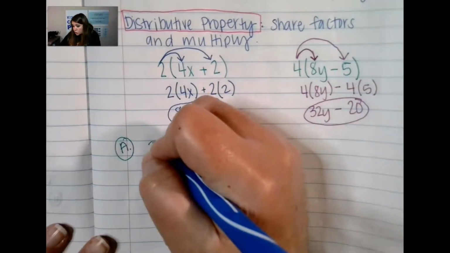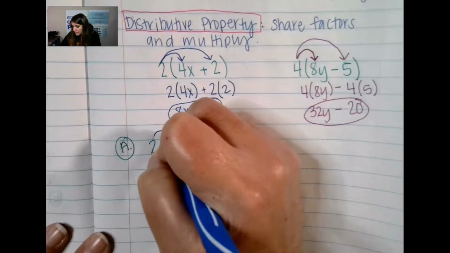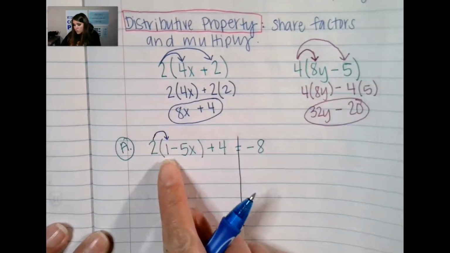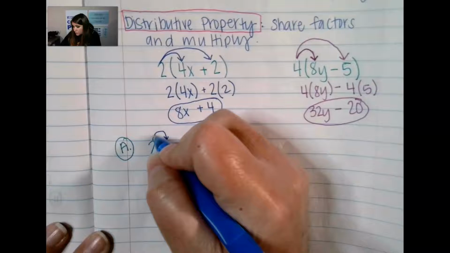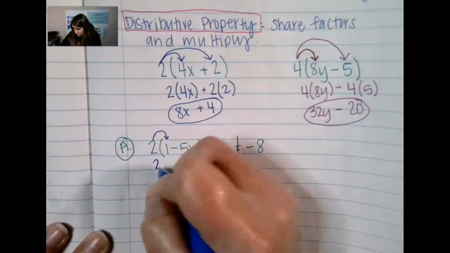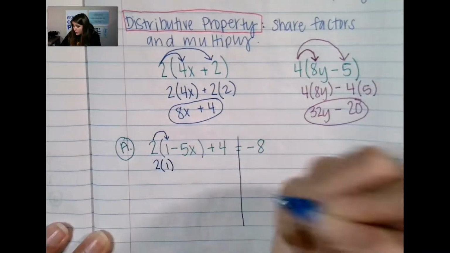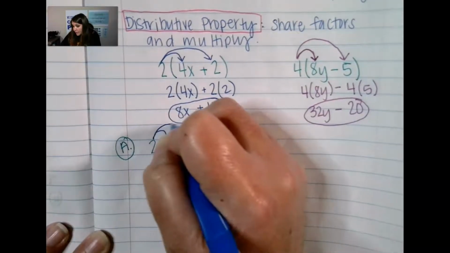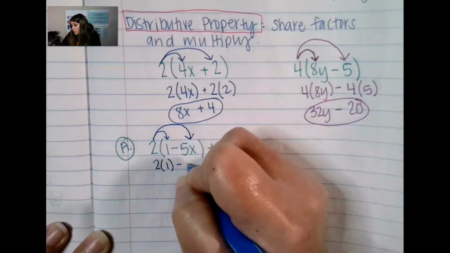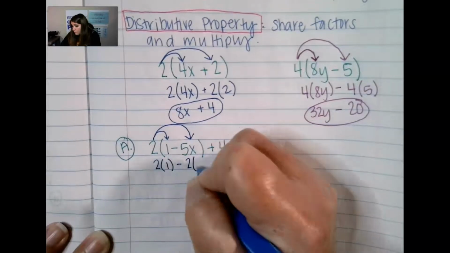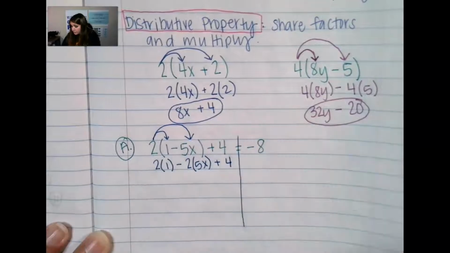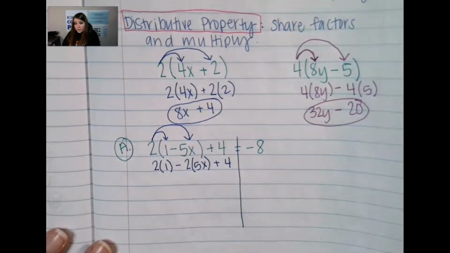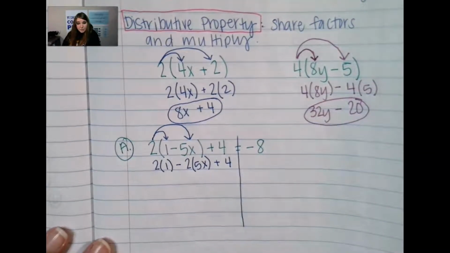So I'm going to share or multiply because this really means two groups of 1 minus 5x. So in my first one, I have two groups of 1 minus my second group, which is two groups of 5x, plus I have this 4 here. All right, we're going to keep multiplying till we get rid of all of the parentheses.